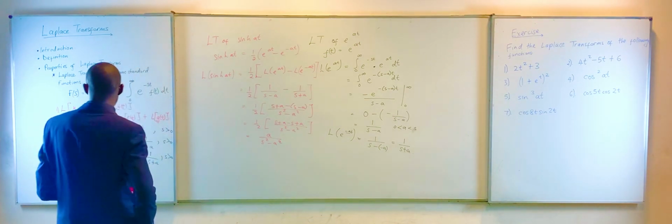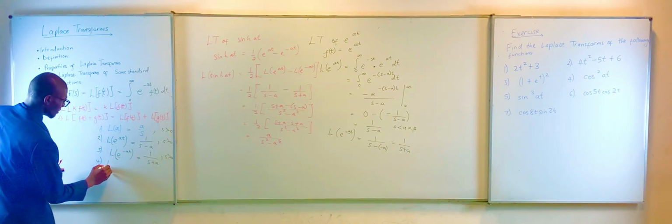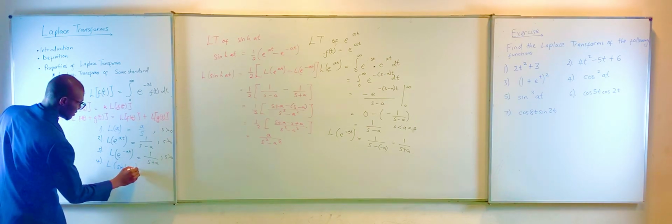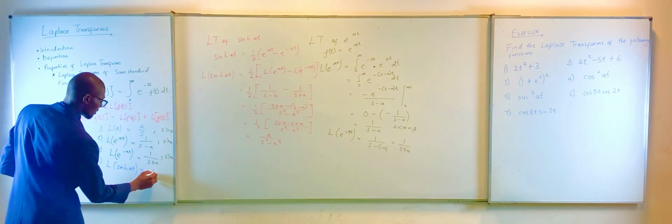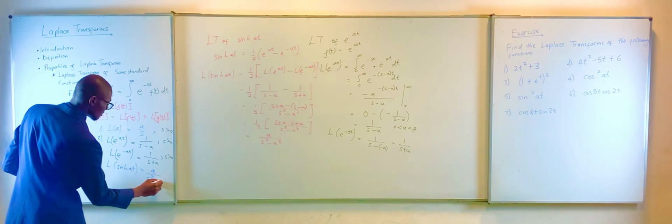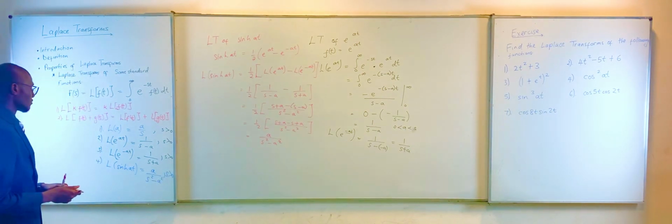So we can actually write it down here, that the Laplace transform of sinh of at is equal to a over s squared minus a squared for s greater than 0 as well.